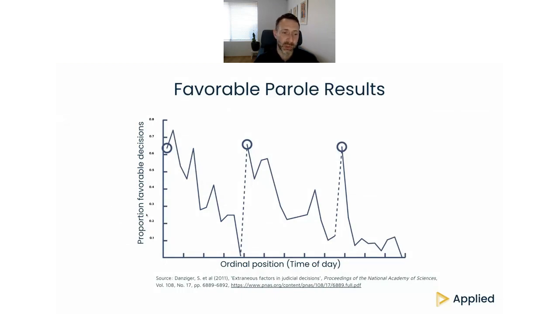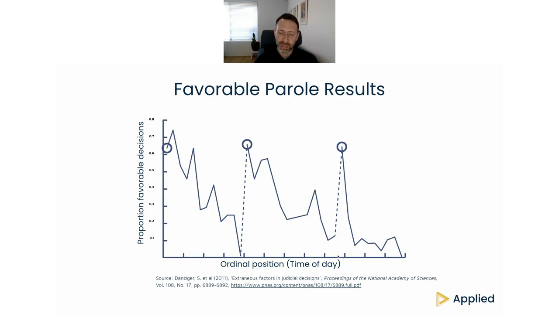And this is the proportion of favorable decisions. So the higher up on the y-axis, the more likely the decision was to be favorable to that person going through the parole appeal. And what you find is it starts off fairly high, but then drops down to this time, and then springs back up, likewise goes down, a couple of times in the day.